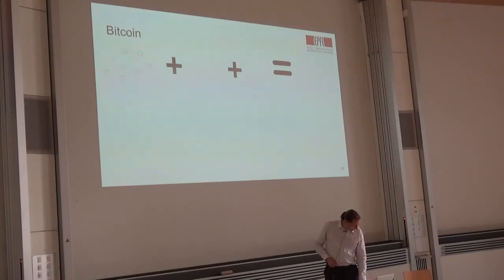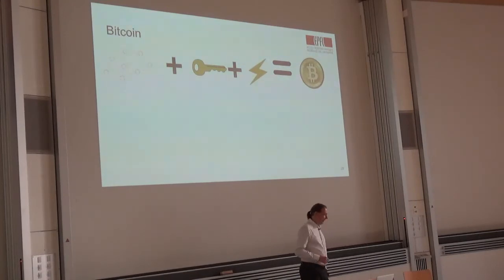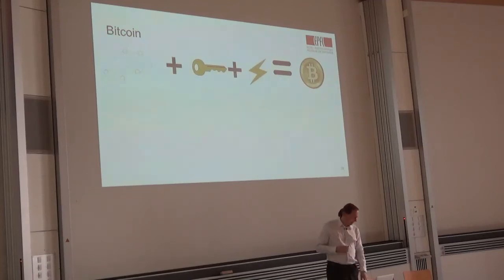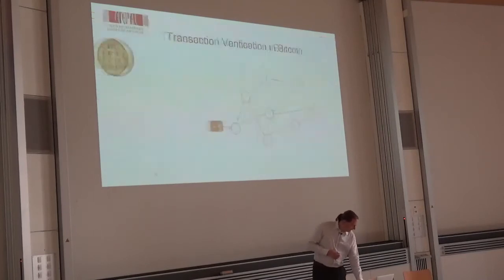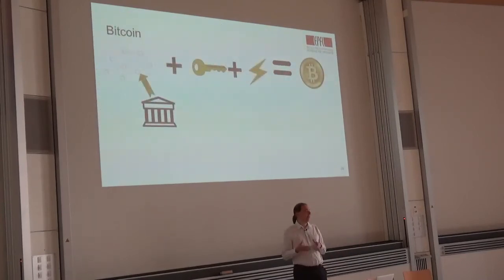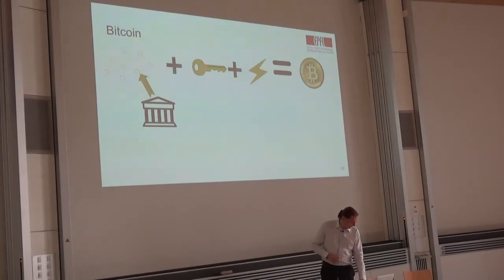And the basic idea of what Bitcoin does is it takes a distributed system, mixes in some clever use of cryptography, public key and symmetric key crypto, and lots of energy, and produces this currency we think of as Bitcoin.